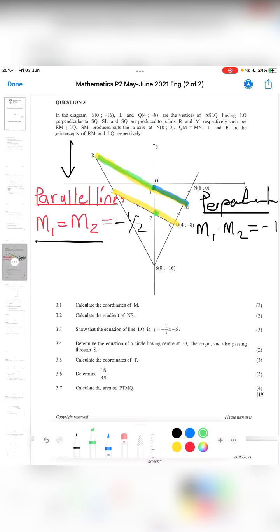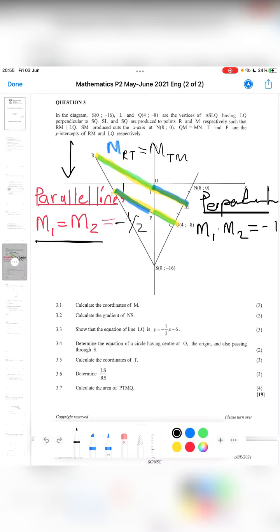Similarly, there and again there. So that is why you are right in saying the gradient of RT is still equal to the gradient of TM. It's just a matter of deciding whether to write it this way or that way, depending on what the question asks you.